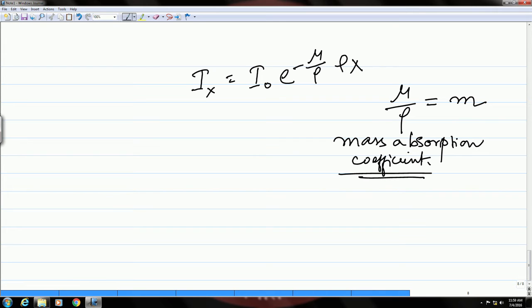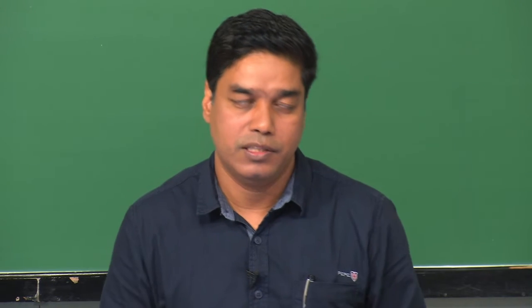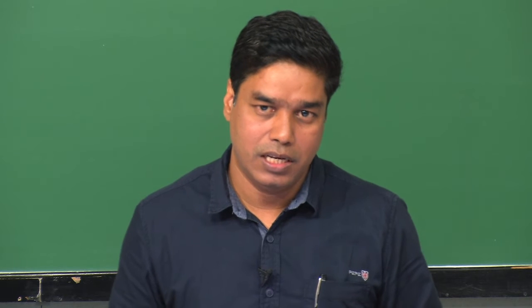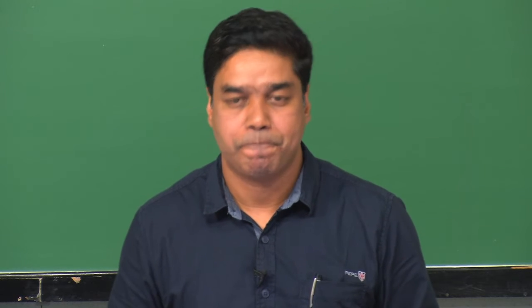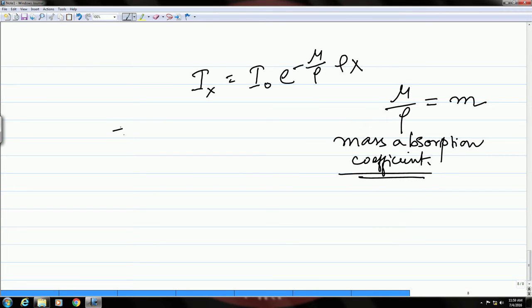This parameter is a better representation of the absorption ability of a material, because it provides the volumetric ability of the material to absorb X-ray energy. Now, if you use this relationship between m and mu and the density of the material, the equation comes down to this form.